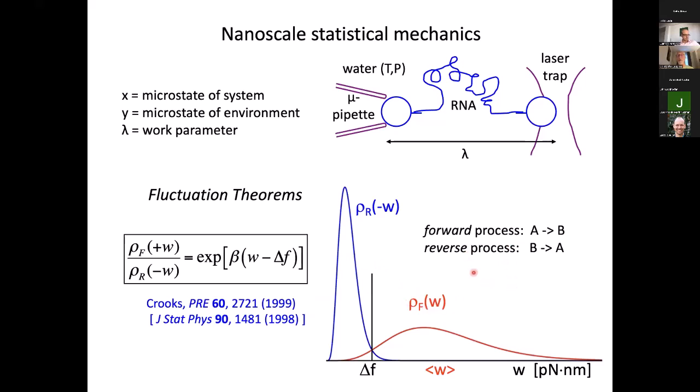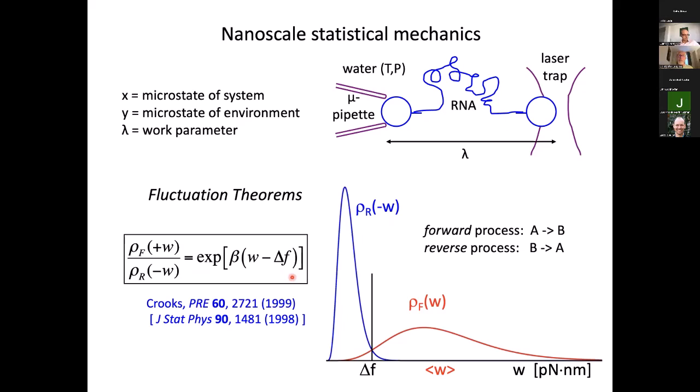So imagine that we have a forward process, where let's say we're stretching the molecule from state A to state B, and then a reverse process where we're contracting the molecule from state B back to state A. And again, there's going to be a distribution of work values associated with the forward process, a distribution associated with the reverse process. And what Crooks showed is that these distributions satisfy this very nice symmetry relation, namely the ratio of those two distributions is equal to e to the beta (W minus delta F).